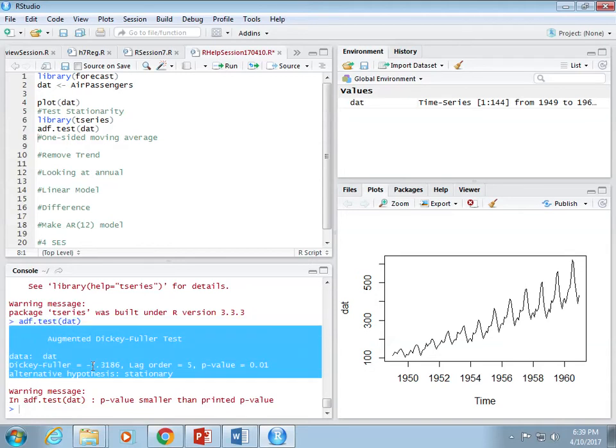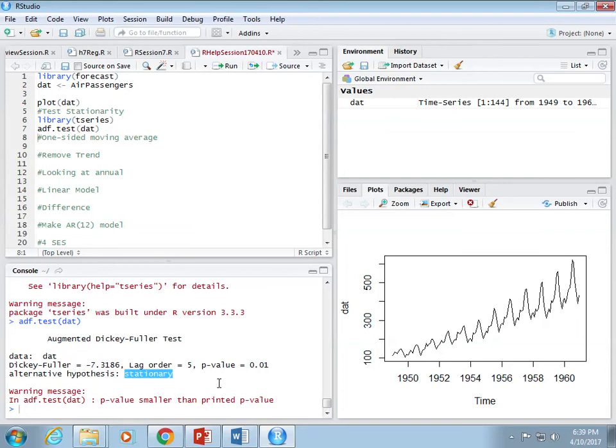Now, first off, what do we think the answer should be? We kind of know what the results should be, right? We already decided, is it stationary or not? So this one, it's not so easy to interpret, but you're going to get a p-value.